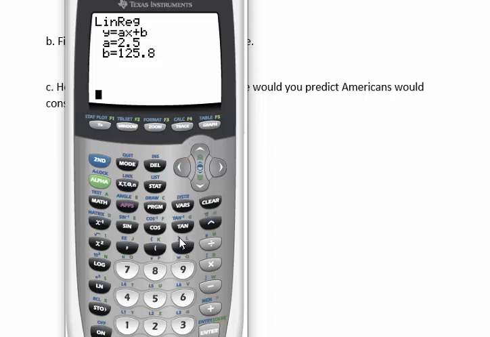You also could have an r squared and an r at the bottom of your screen, and that is definitely helpful if you're trying to state what the linear correlation coefficient is. But if you need some steps on how to set up your calculator, please refer to my video lessons for the week.